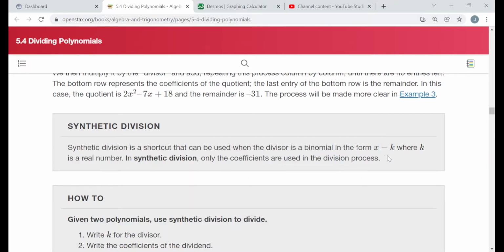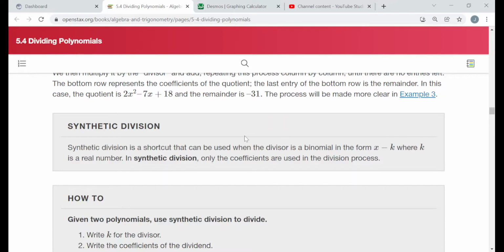But that's important. You can't use synthetic division with any other divisor. The divisor has to be a degree 1 polynomial with a leading coefficient of 1. Notice this is just x. It's not 2x or 3x or 5x.